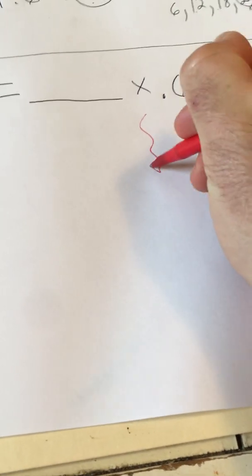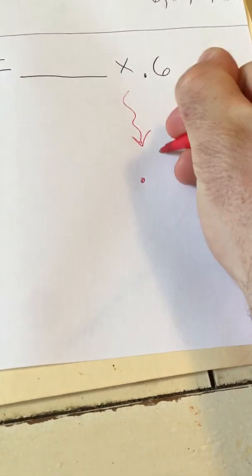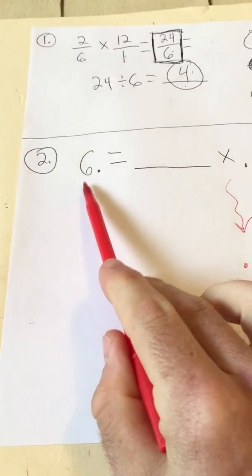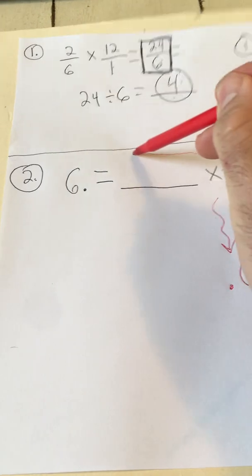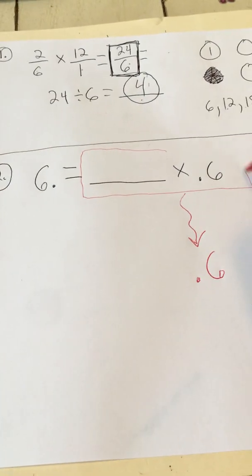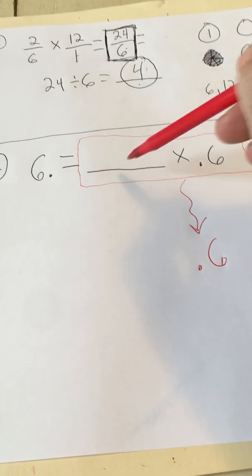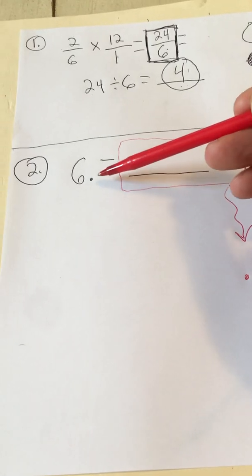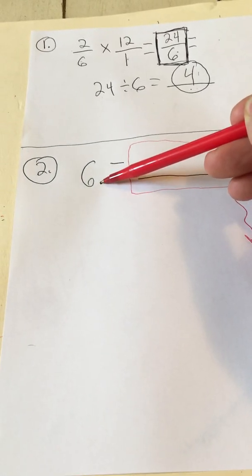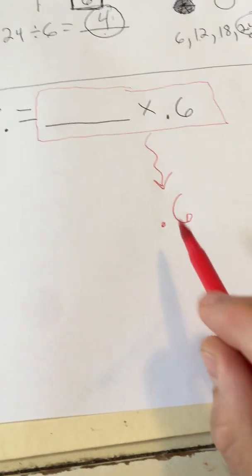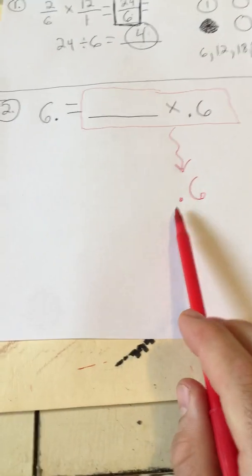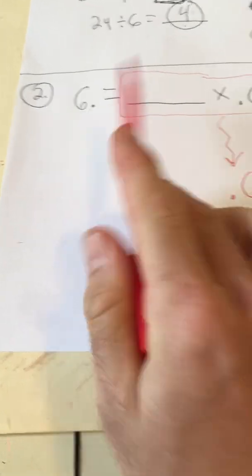So now we got to think about, I'm going to kind of move it over here for a second. We are starting with this one, just because this comes first in the sentence. This is the one where we are actually multiplying. We're taking 0.6 and we're multiplying it times something to get the decimal point to be over here so that now it's 6. So we're starting here and we need to decide, we have to move it to there.